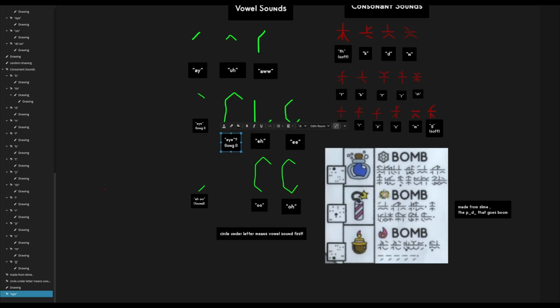I have aw. This is P, the paw. What is this letter? What is the TH sound? Did I say that's a D?